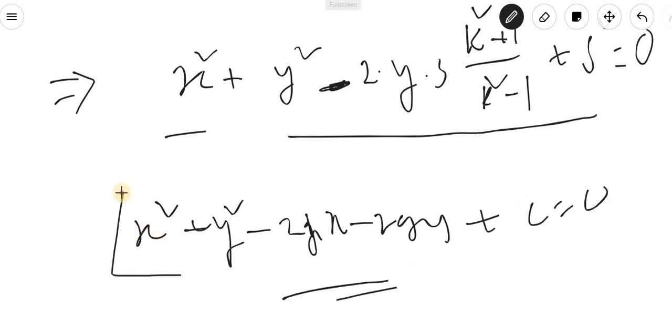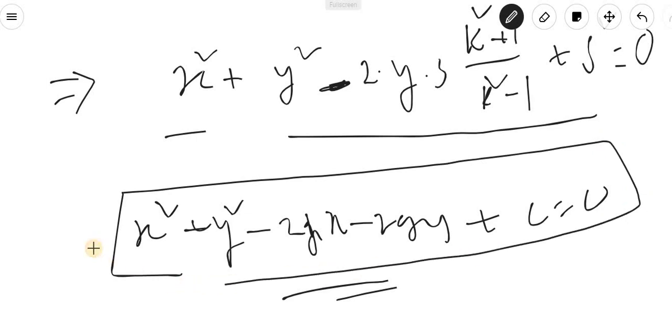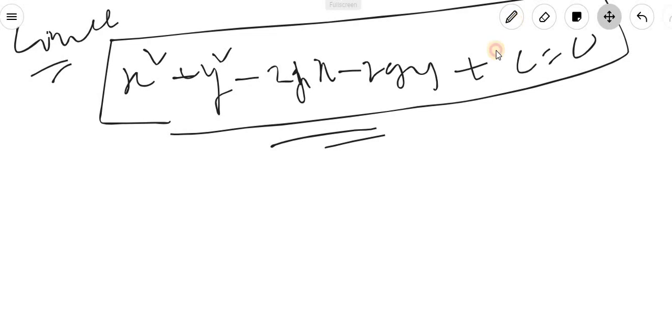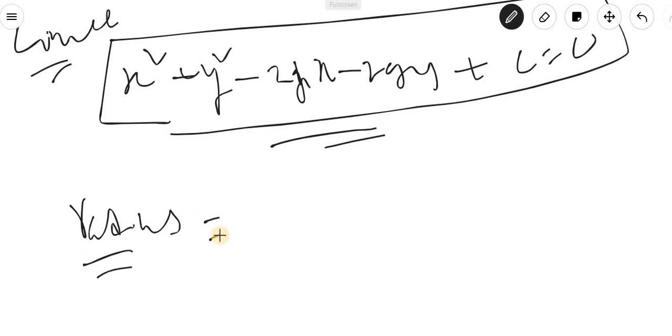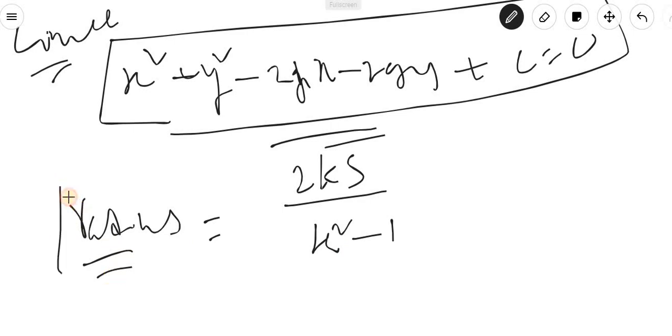By comparing, this equation is a circle equation. Comparing this and this, what will we get? We will get the radius. The radius is 2ks divided by k square minus 1.